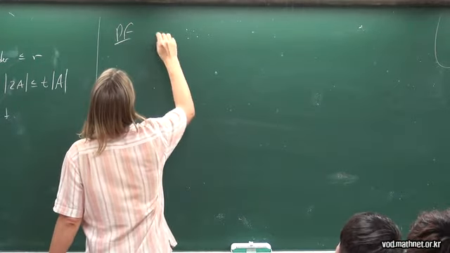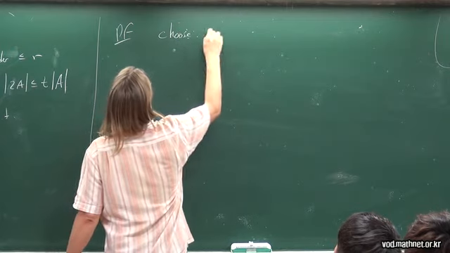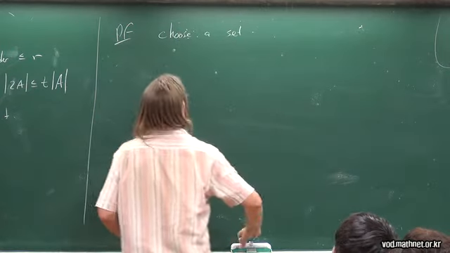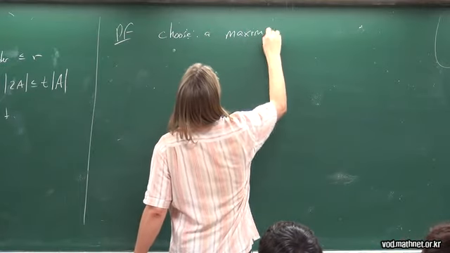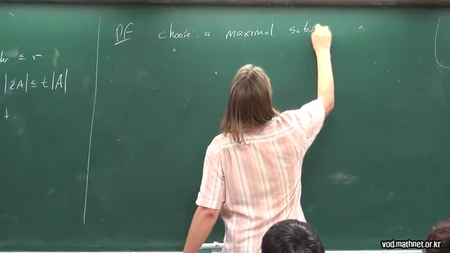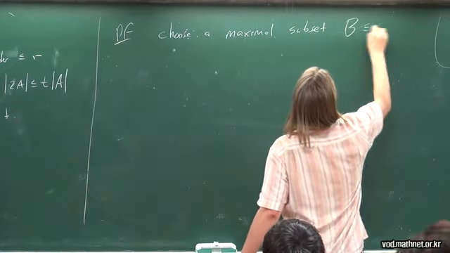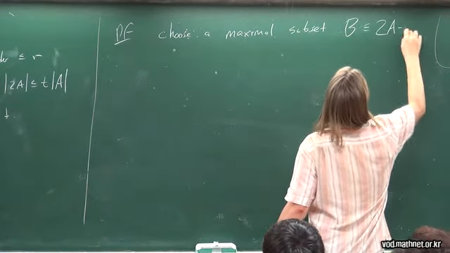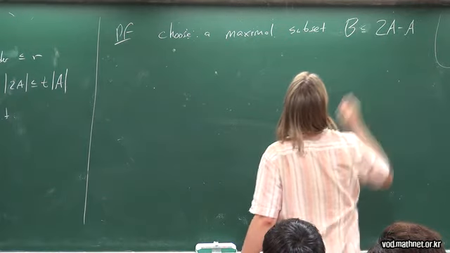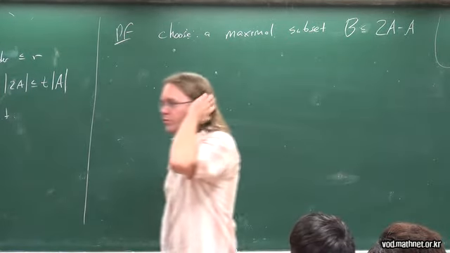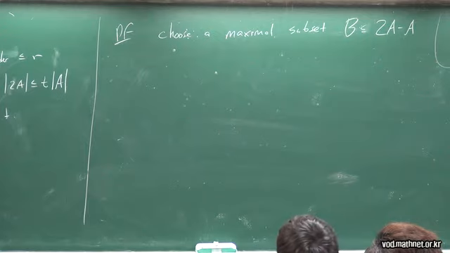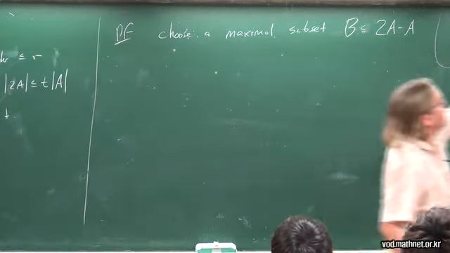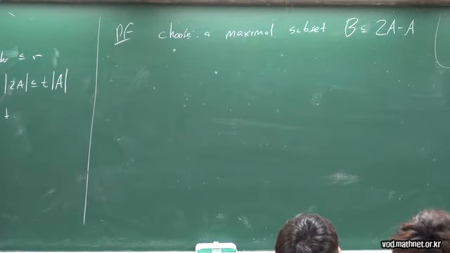I'm going to choose a maximal subset B of 2A minus A. Remember, the input assumption here is that my set A has small doubling with constant t, and so I'm going to know things about these higher order sums and differences.